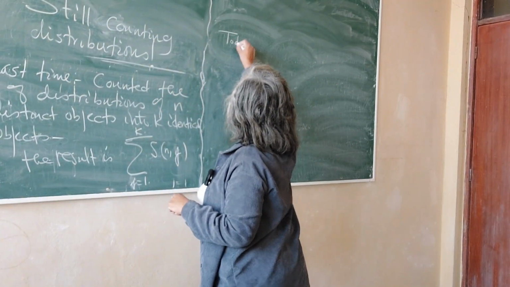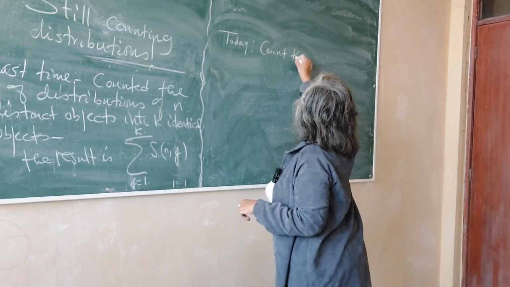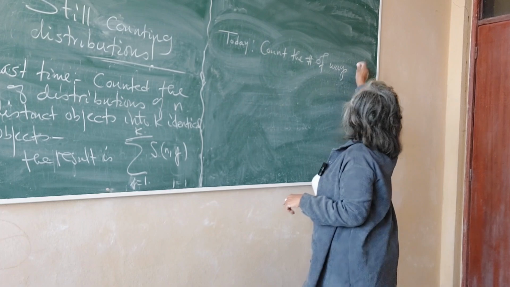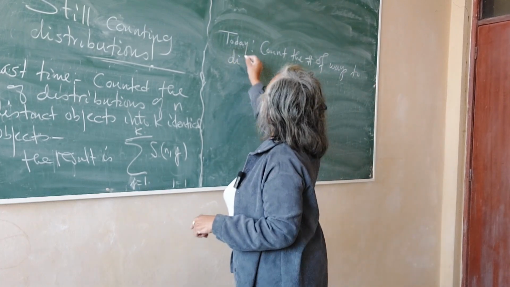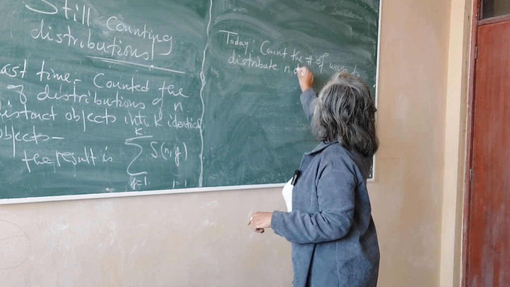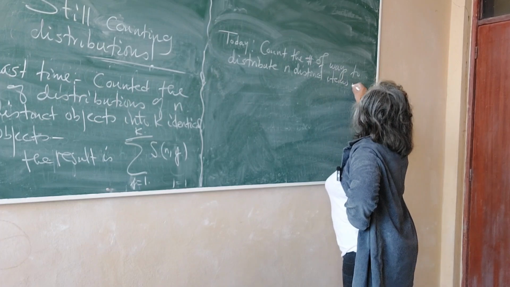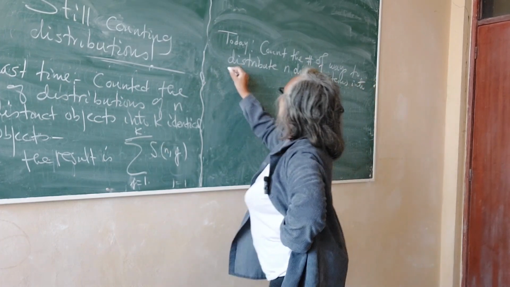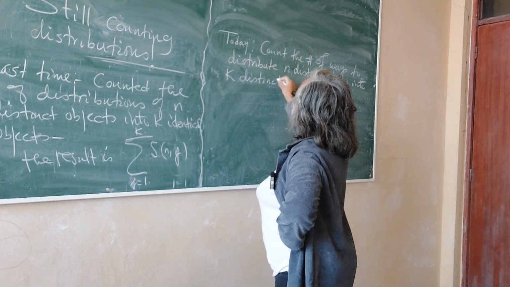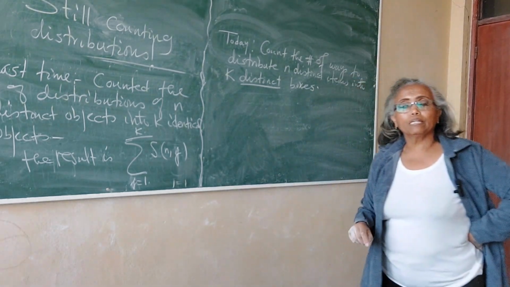Today, we are going to count the number of ways to distribute n distinct items into k distinct boxes. That's the difference, okay?